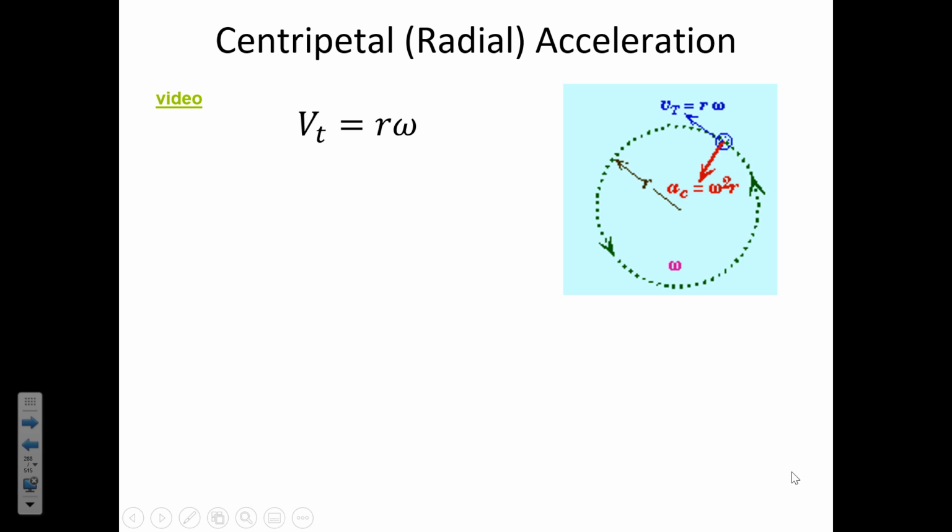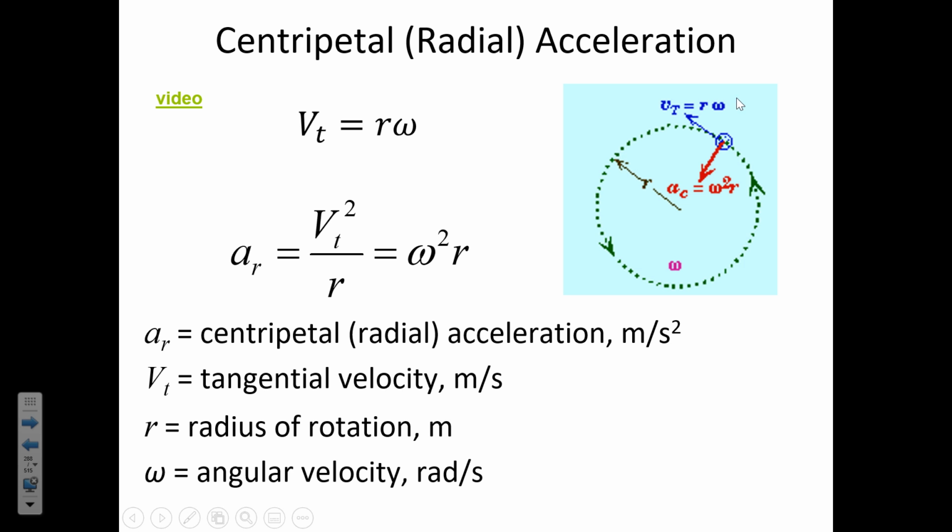So if we want to define some terms here, then we can calculate the velocity of a particle that's traveling in a circle by multiplying the radius of curvature, from the center of the point which it's rotating about out to where the particle is, by the rotational rate. So the radius multiplied by the rotational rate in radians per second.